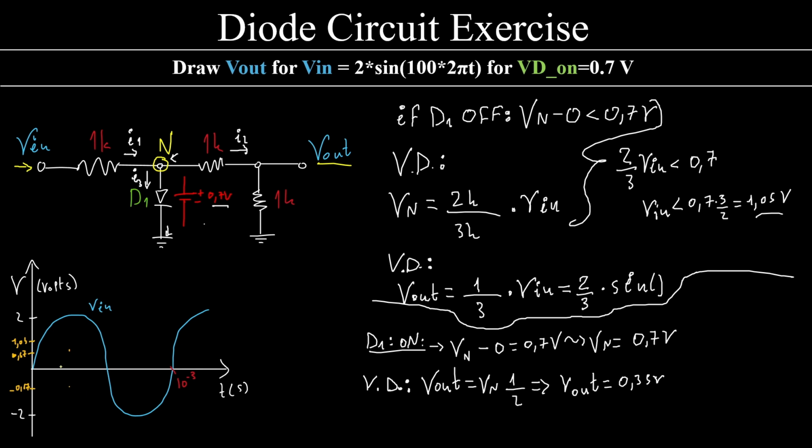Now, there is a good question: well, I see that the output follows the inputs, okay, up until a point, and then does something else, alright? That point is the point where the output voltage is going to be 0.35, somewhere around here. That means that I don't have to do some complex algebra over here to understand when and where.